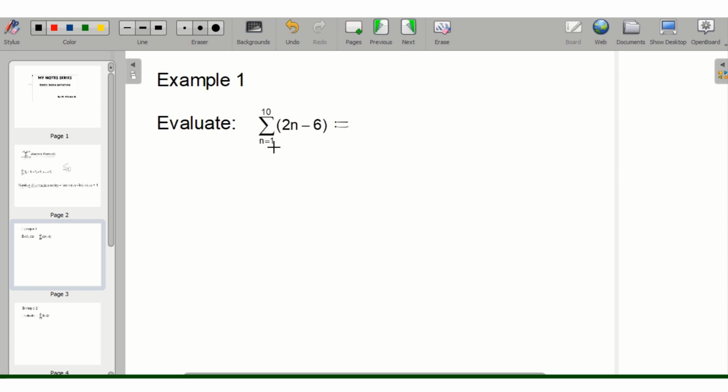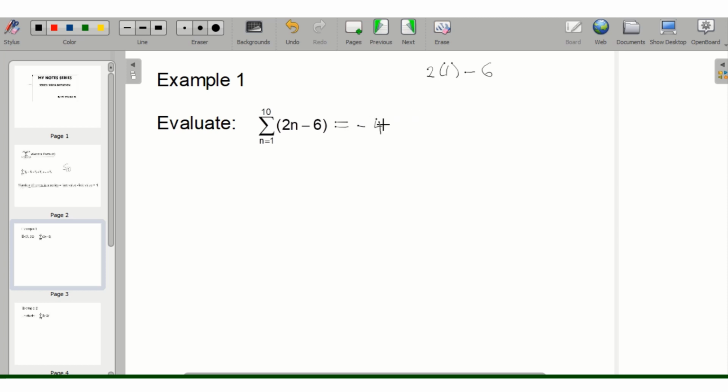So you substitute 1. You don't need to write this, but I'm just showing you. So you'll have 2 times 1, which is 2, minus 6. That will give you minus 4.